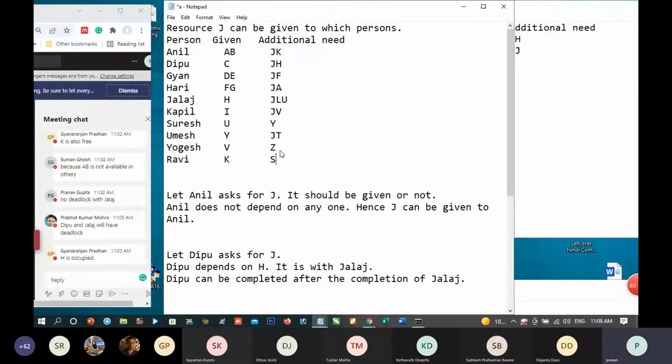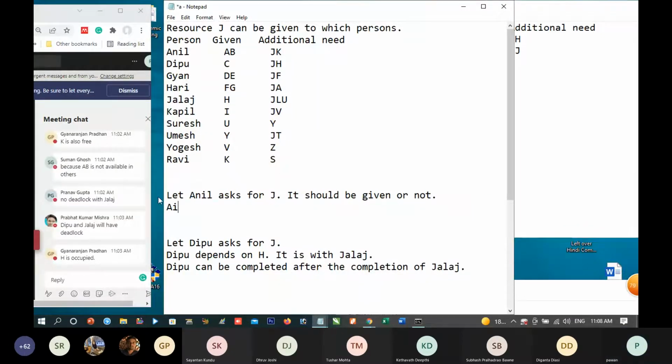Anil asks for J, should it be given or not? Anil depends on K, which is with Ravi. The correct reason will be Anil depends upon Ravi. Anil can be completed only when Ravi is over. So what is going to happen?